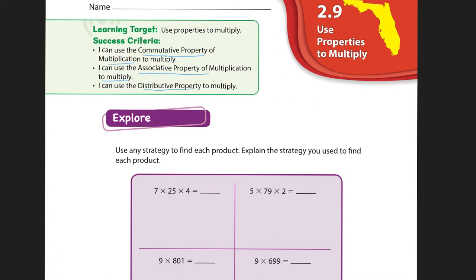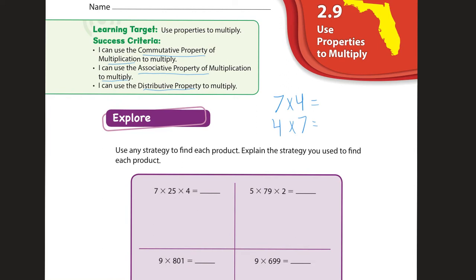I know that when I have something like 7 times 4, it's the same as 4 times 7. This is actually the commutative property of multiplication. It means that you can multiply in any order.